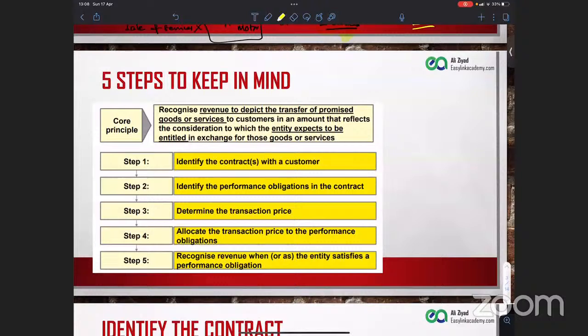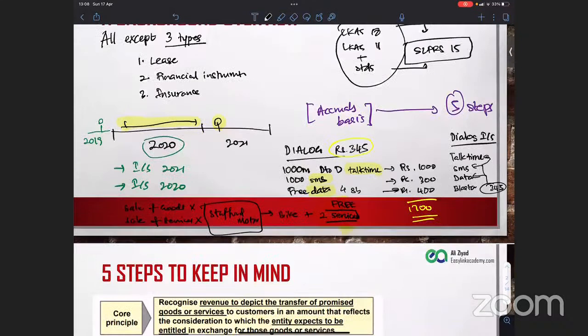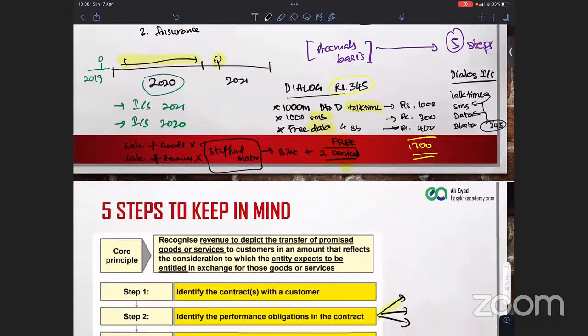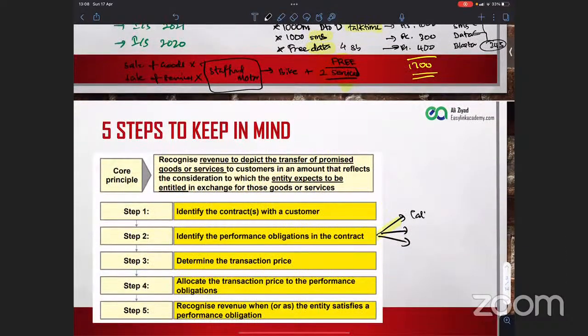Now, if you buy the blaster package from Dialog, what are the 3 things Dialog is promising? Talk time, SMS, and free data. Exactly.